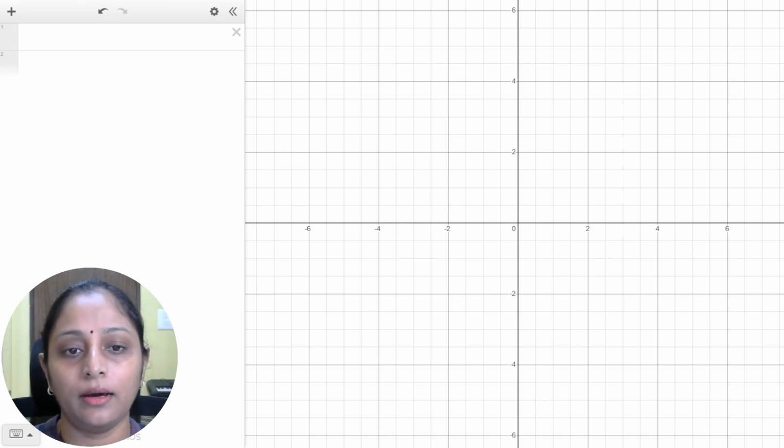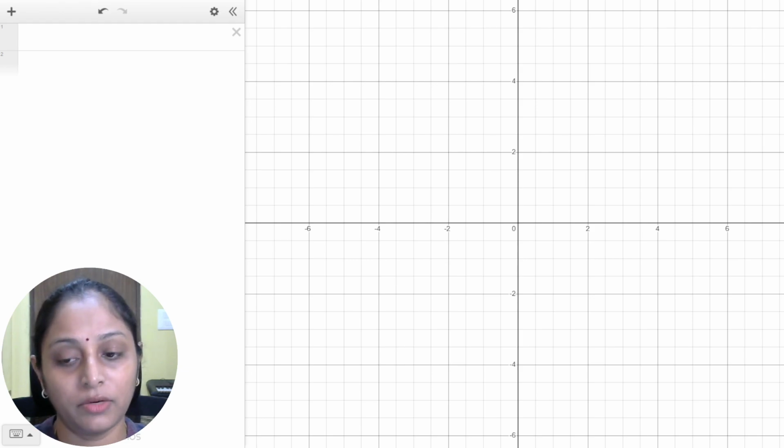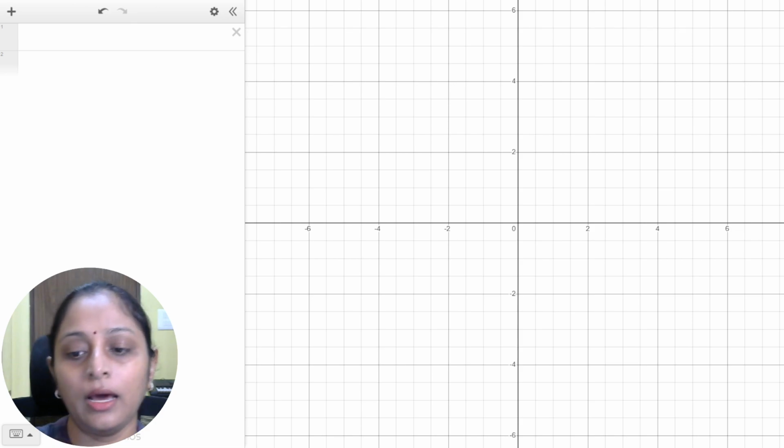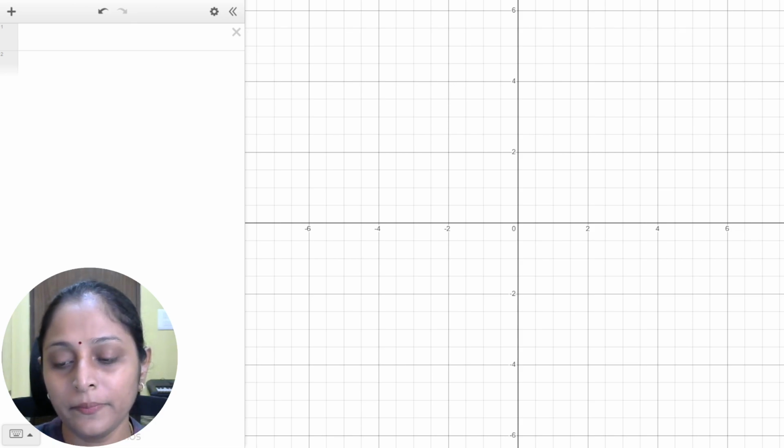I want to mention here that even without converting it into standard form, you can go ahead and check the graph of the equation. All you need to do is bring all the terms to LHS. You need not simplify it. I will give you an example for that.